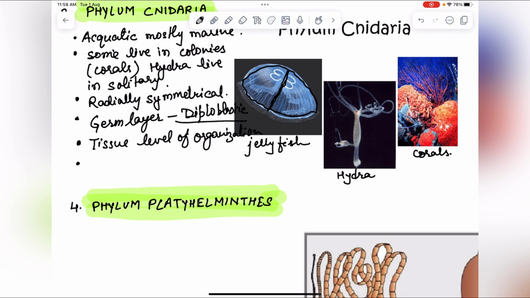They have mouth and they have tentacles. These tentacles bear stinging cell organelles called nematocysts, which serve the function of paralyzing the prey by injecting the poison, so that they can catch their prey.